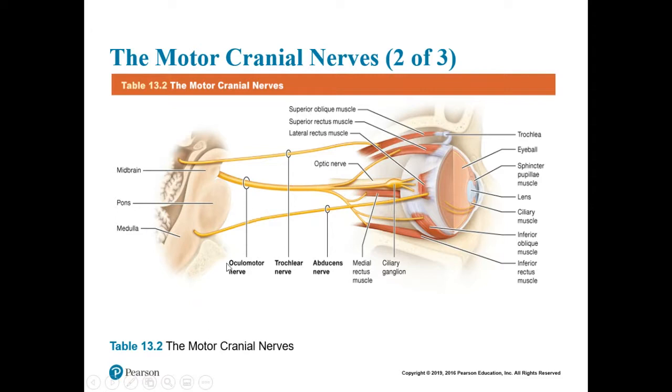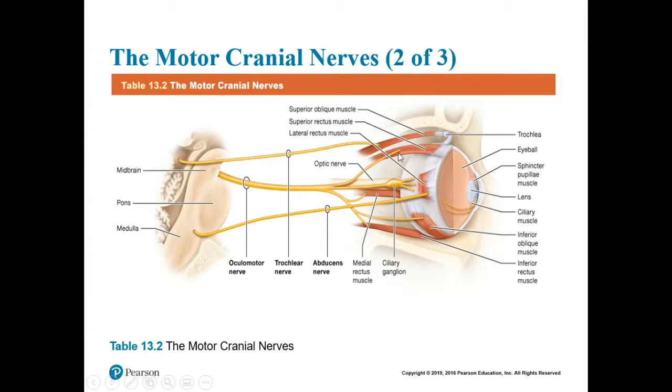The second one here is the oculomotor nerve. This one also originates on the midbrain, and it extends all the way over to the rectus superior, the rectus lateral, and the rectus inferior. It's got three branches. These muscles control the eye's movement.